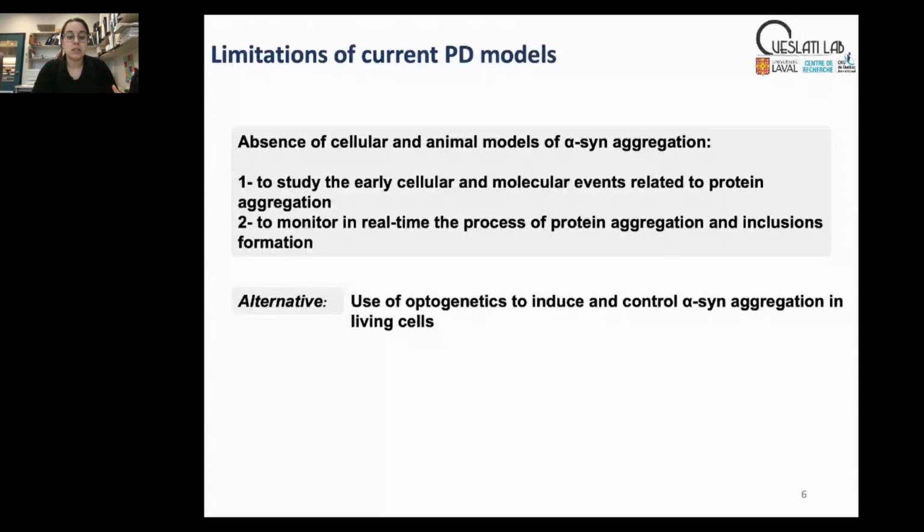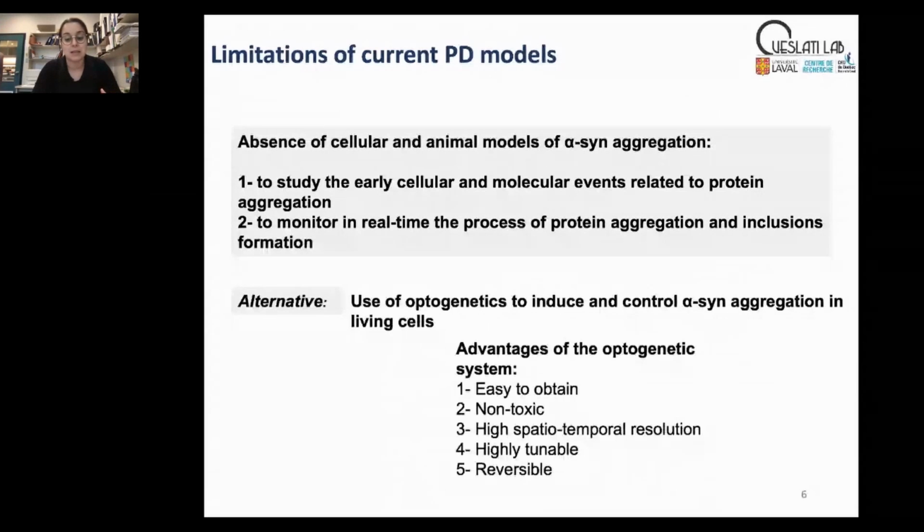The advantages of application of optogenetics are that the tools are easy to obtain, they're non-toxic, and they provide high spatiotemporal resolution for manipulation in cells and in vivo. Additionally, they're highly tunable.